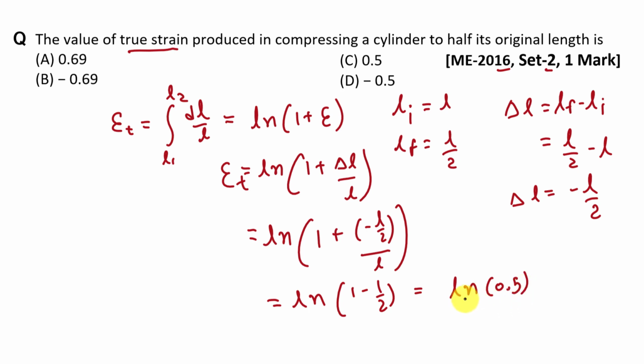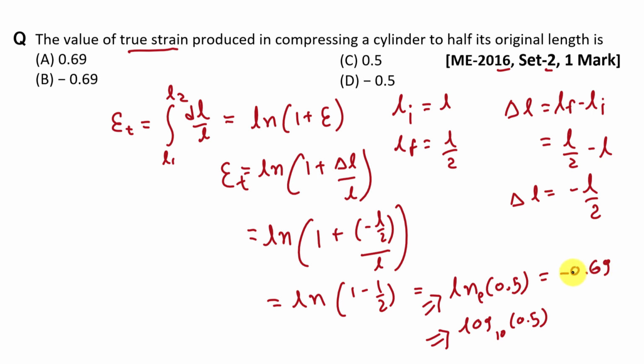And here it is natural log; it is not log base 10. If you calculate this value in the calculator, it will be different, because here the base of this log is e. Fine. So from here if you calculate this value, it will be minus 0.69.